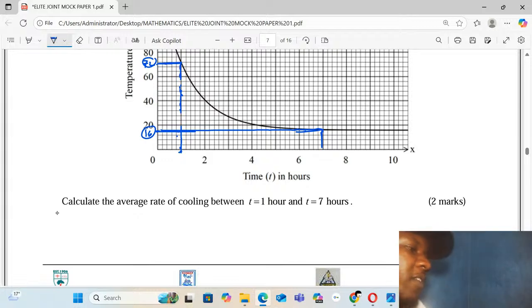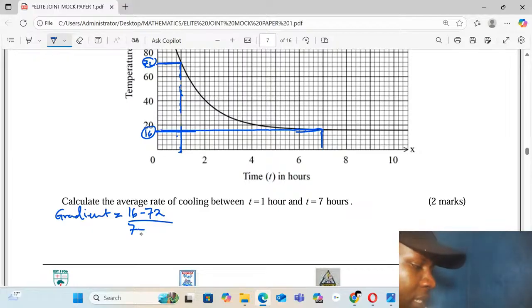So we shall take 16 minus 72 over 7 minus 1, which is negative 56 over 6, so that we get negative 9 and a third.